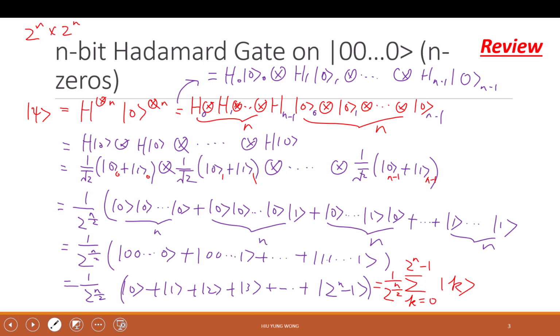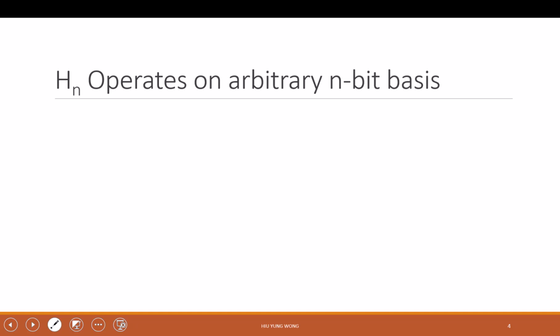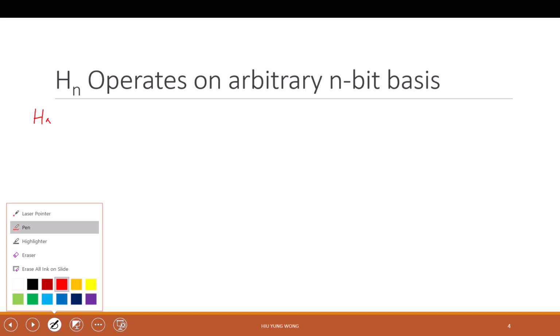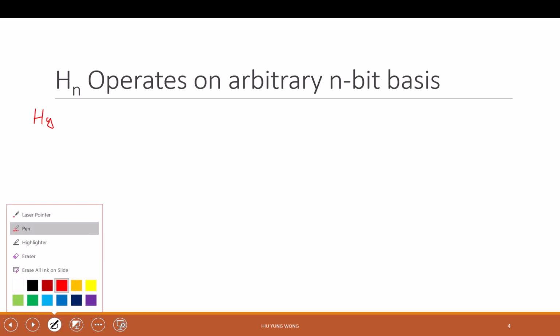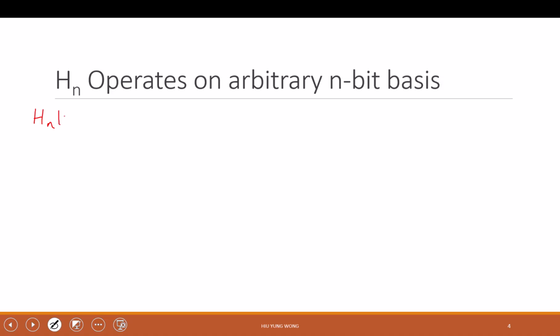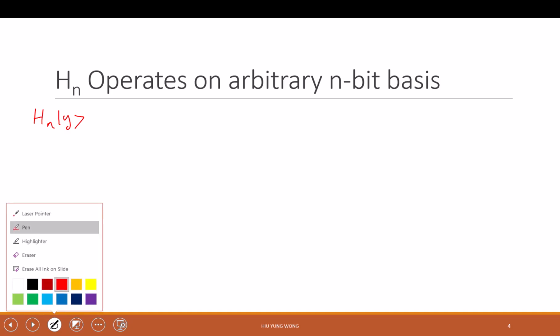Okay. Now, the reason I spend time on that is because now I want to ask another question. What happens if, instead of applying H to the n power to 0, I want to apply it to a general state y? The first thing is, do you understand the meaning of this question?